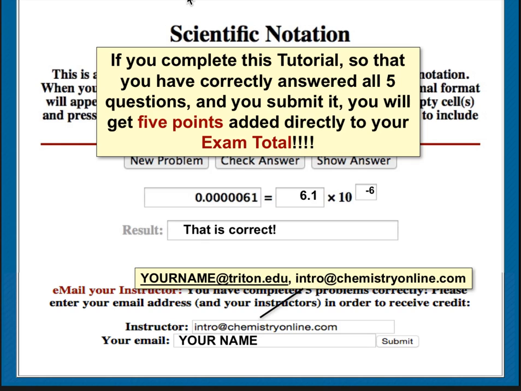Now, you don't have to do this, but you may. If you put your little cursor here in front of the intro, and then type in your Triton email address, put a comma and a space, then hit submit. I will get a copy, and you will get a copy. If you don't get a copy, something went wrong. You want to fix that.